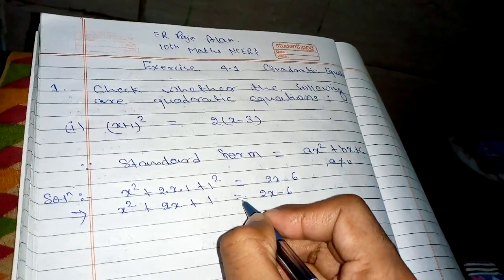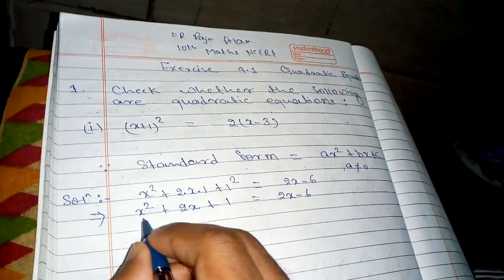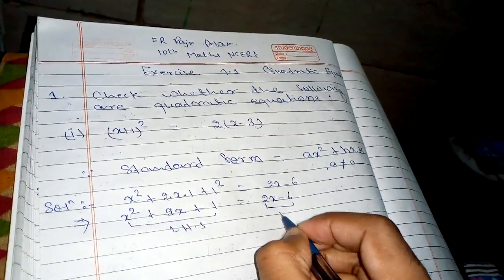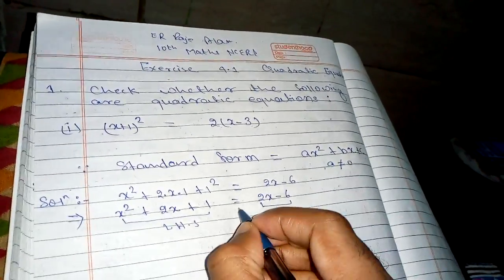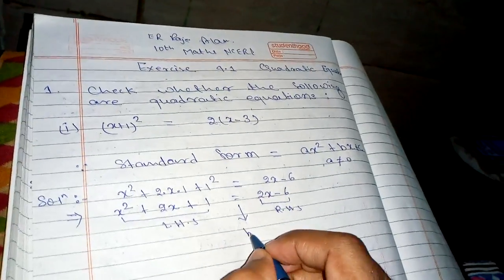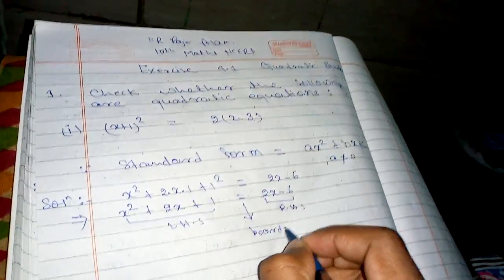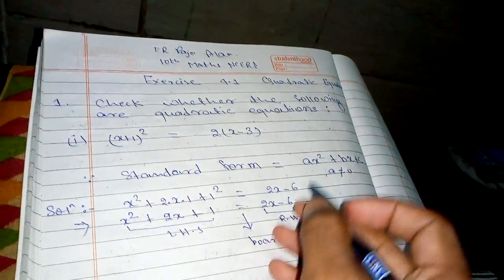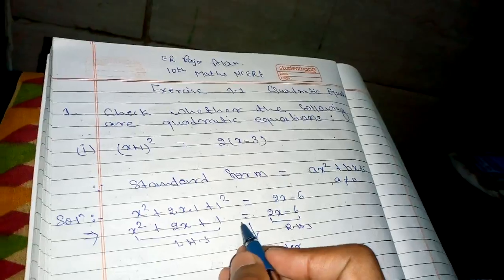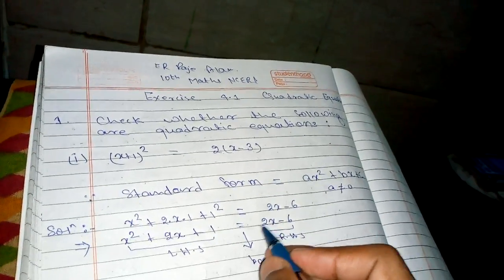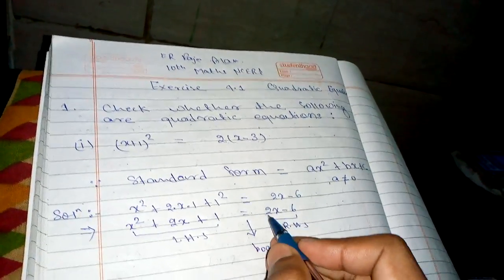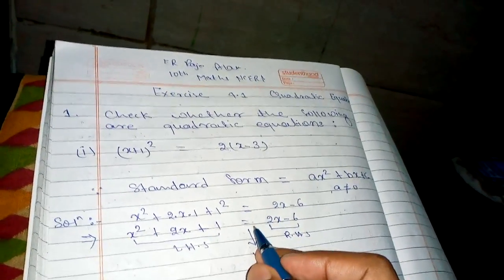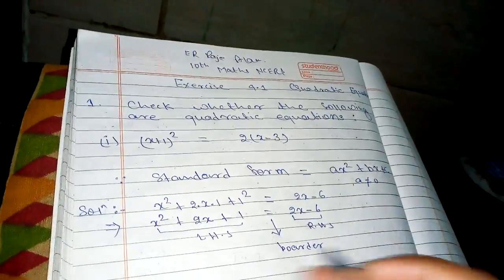Suppose this is the border line, this is the left hand side, and this is the right hand side. Equal to means border. If a term crosses this border line, then the sign changes: plus will be minus, minus will be plus, multiplication will be division, and division will be multiplication.